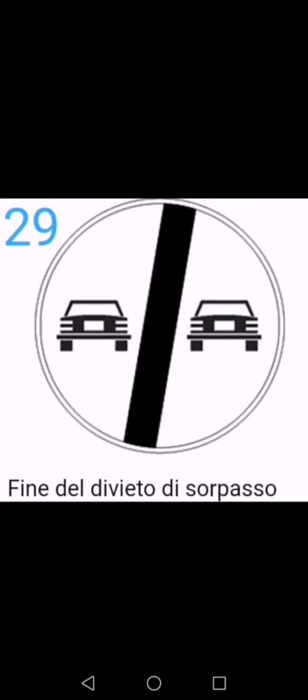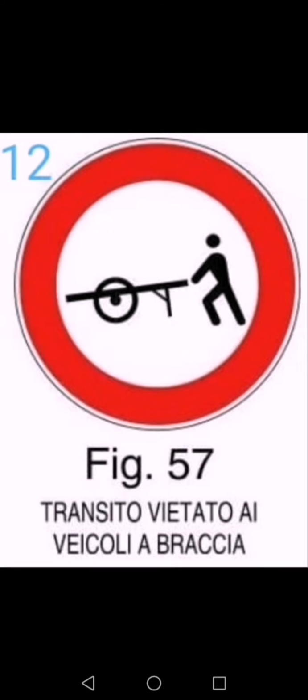Fine di divieto di sorpasso. In this case, fine di divieto di sorpasso per i veicoli di massa a pieno carico superiore a 3,5 tonnellate. So this one is talking about before, if you see the sign that says you cannot overtake for vehicles having a weight of more than 3.5 ton destined for carrying goods.